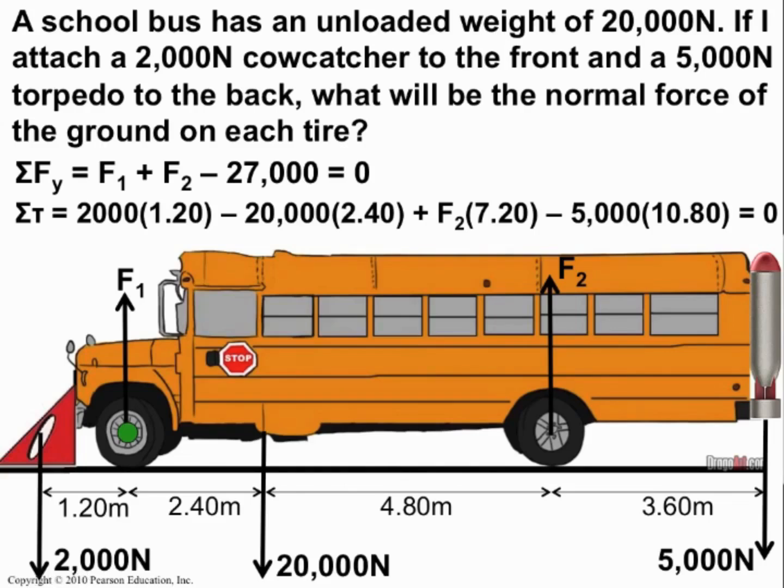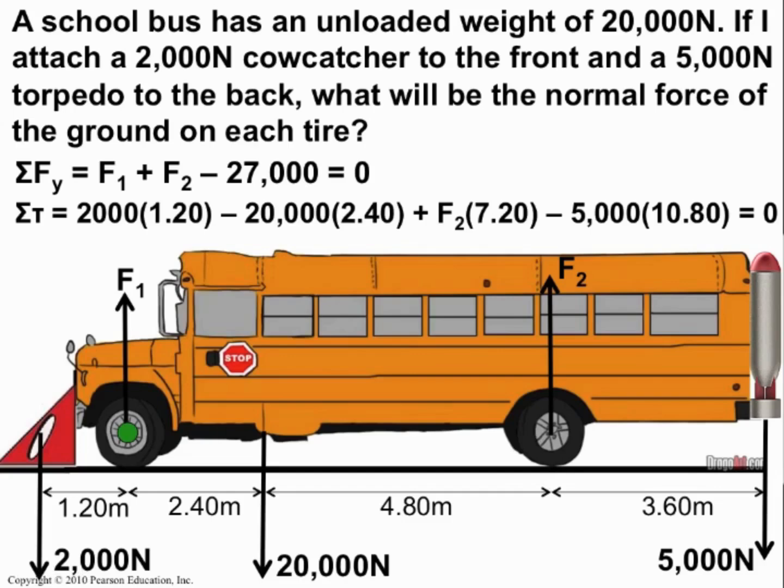Pretending all the other torques don't exist, and concentrating on this F2 force and this 7.20 distance that I'm circling with the mouse arrow, I can see that the upward force at that distance from the axis is trying to create a counterclockwise rotation, hence the positive sign.